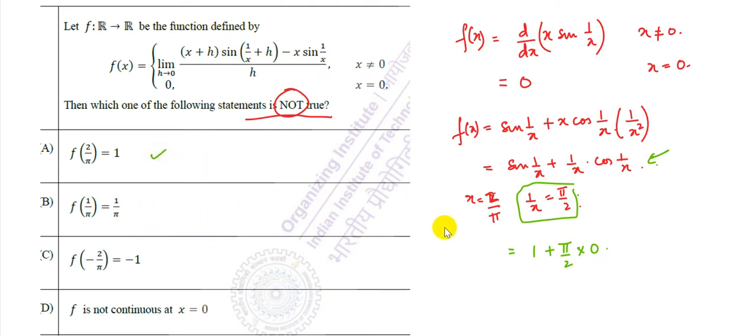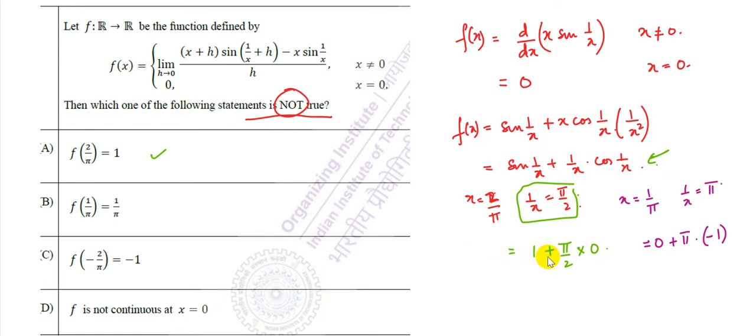F of 1 by pi. Now 1 by pi will mean x equals 1 by pi. So 1 by x will be equal to pi. So the expression will become sine pi, which is 0, plus pi into cos pi, which is negative 1.